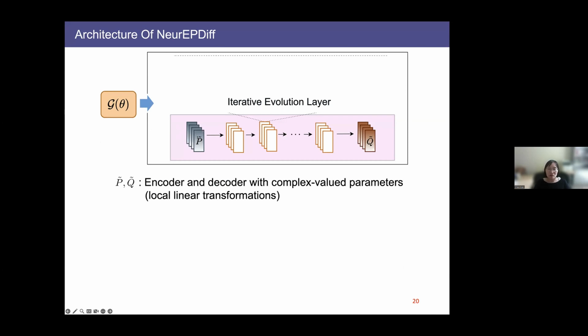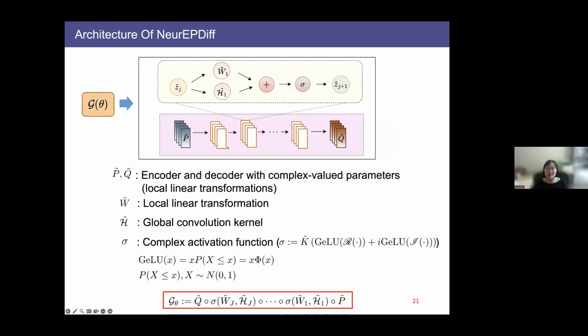Then we have the encoder, which means that after we take the signal, we project it to a high dimensional space. Then we have several layers of a fully connected network, trying to learn the mapping function between the time points. The network has two special operators. One is W1, the local transformation, an operator that extracts the local features of your input signal. Then H is the global convolutional operator, which captures the global features of the input signal.